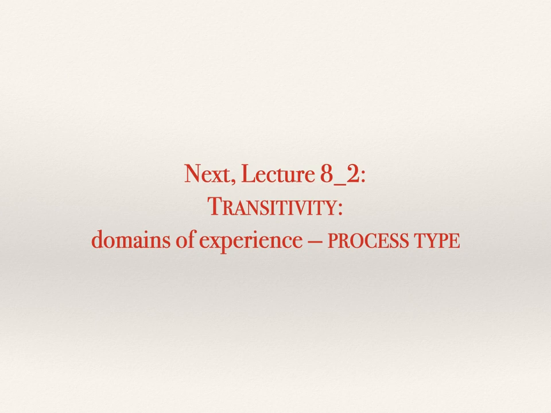It is one of the major subsystems of the system of transitivity. And again, process type is, as it were, the grammar's theory of how experience can be sorted out into different domains, like the inner experience of sensing, or the experience of actions, activities, of doing and happening. But that's where we'll pick up next time. Thank you.